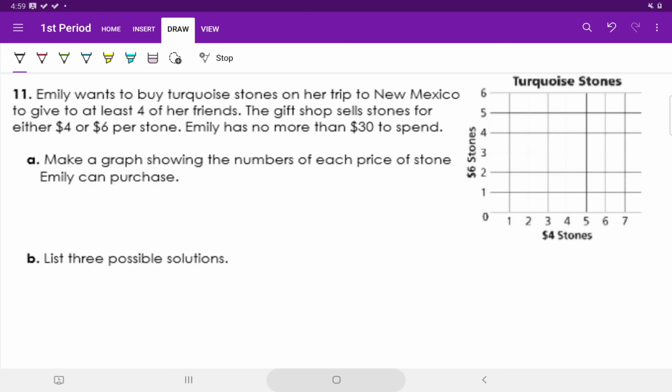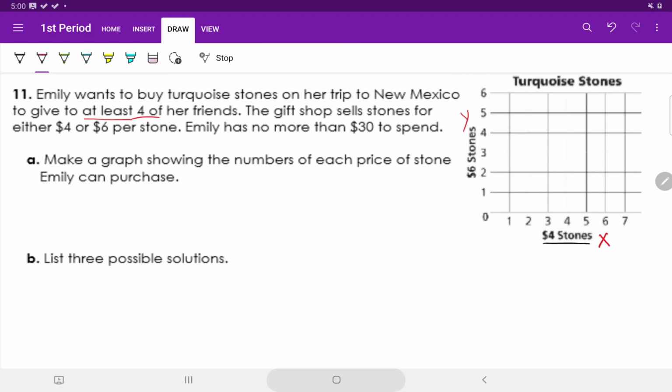So we've got 2 different types of stones. We've got $4 stones. Based on our graph here, we're going to call that X. And we've got $6 stones. We're going to call that Y. So Emily wants to buy at least 4 stones.